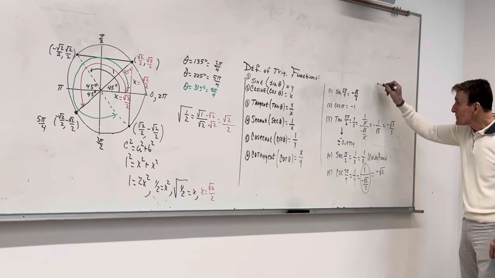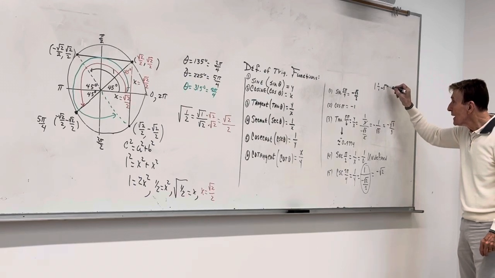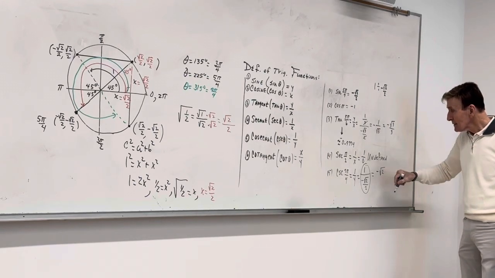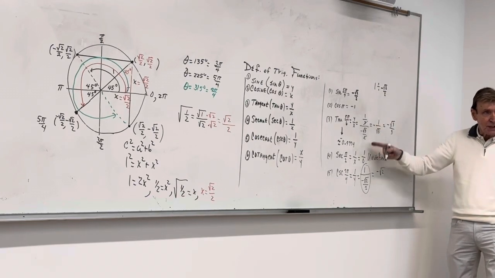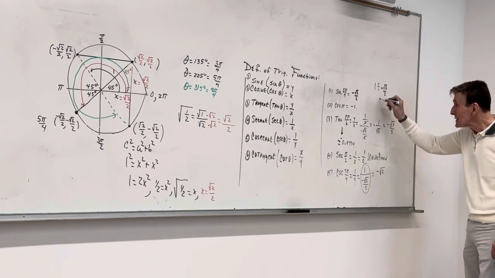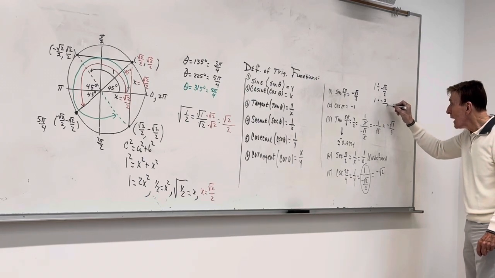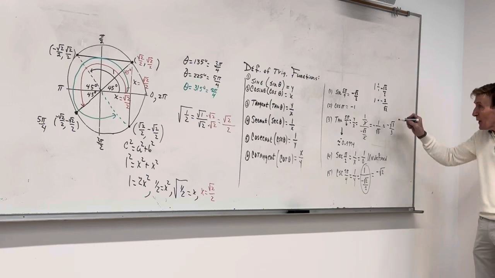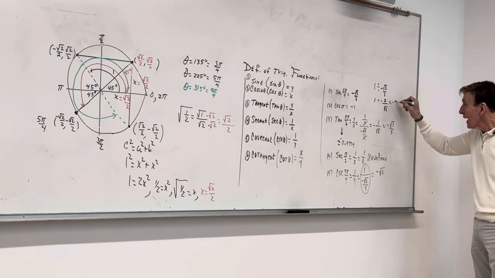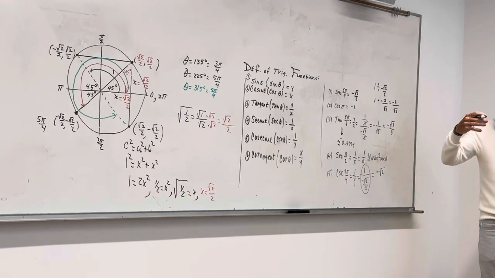Would you guys agree, is it one being divided by this? Does this and this say the same thing? They're saying the same thing. And I know in math, that means 1 times, flip that over, I have that. We're doing reciprocal. Is that true? So at this point, I have this. I do a little bit of math to it. And again, I cannot leave that radical 2 where it is.